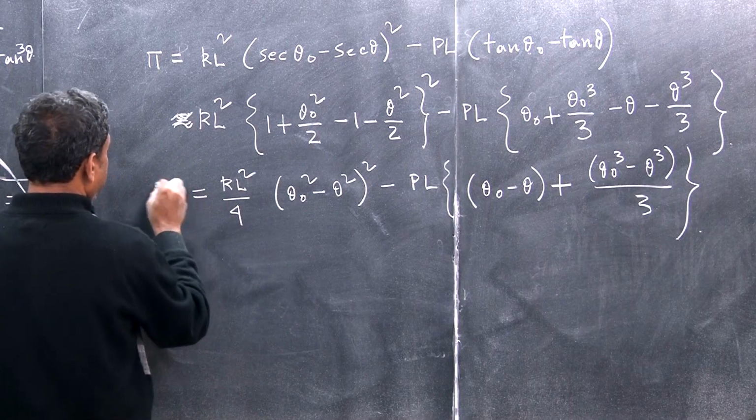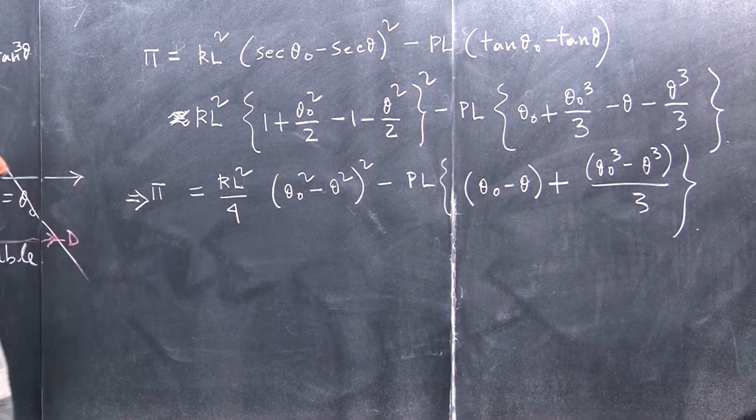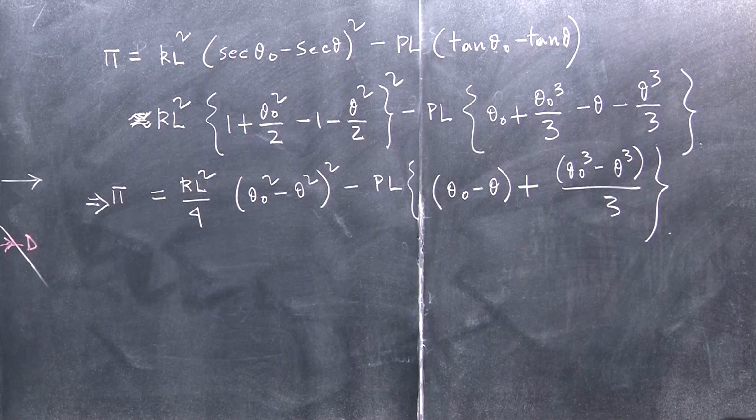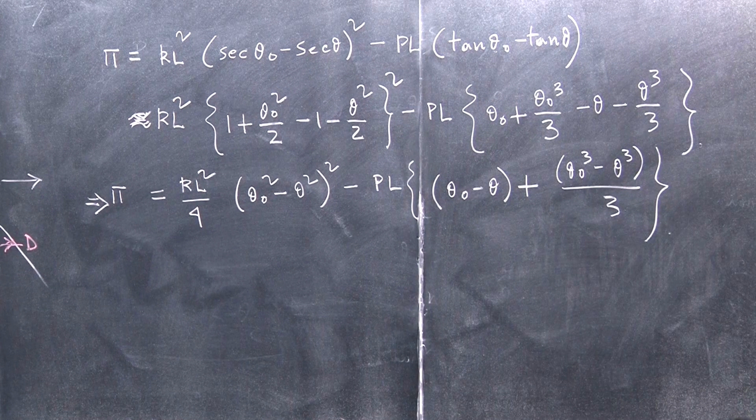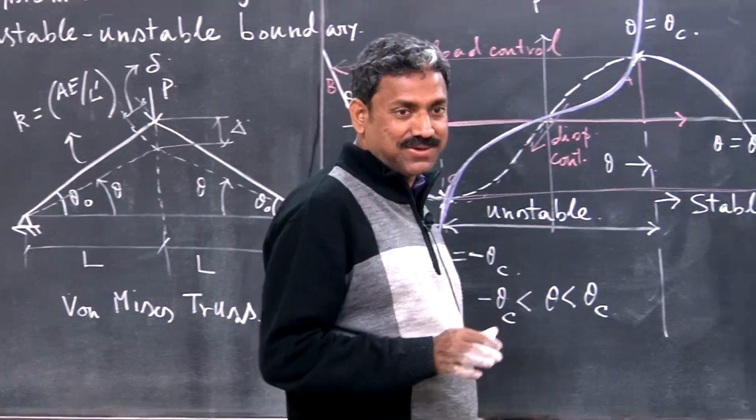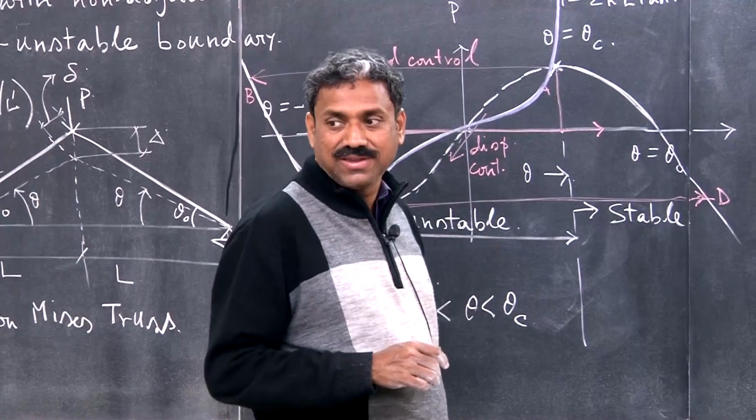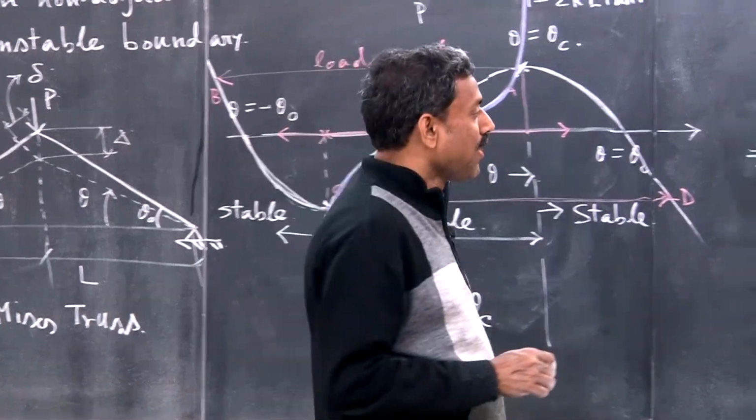Do you see how we are expressing in terms of polynomial, and we are neglecting higher order terms? We will see what will happen by linearizing, but that is the first stepping stone to linearization.